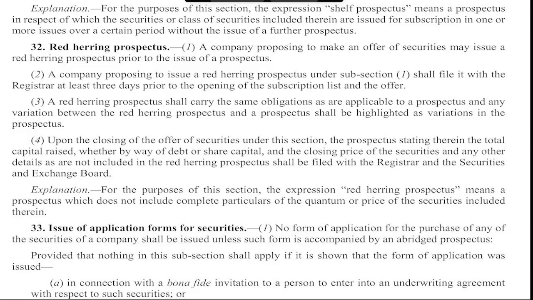Whatever obligations are applicable for the final prospectus are all equally applicable for the red herring prospectus. Simply, do you know what the meaning is? If you do any overaction in the red herring prospectus, the same liabilities applicable for the final prospectus will apply to this also. No concession, no discounting. Listening or not?